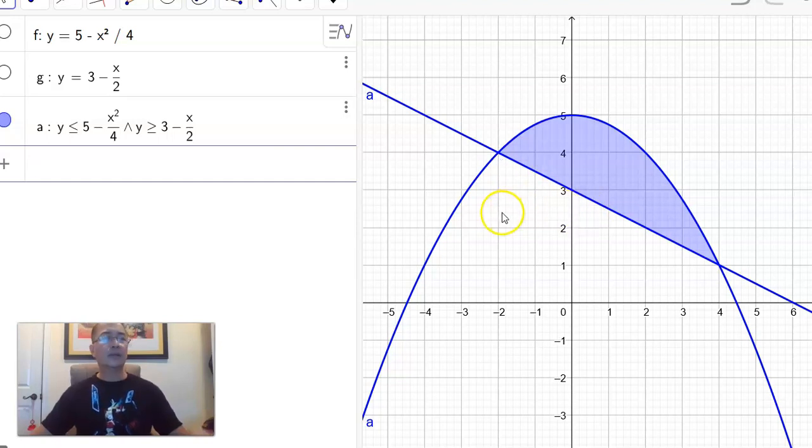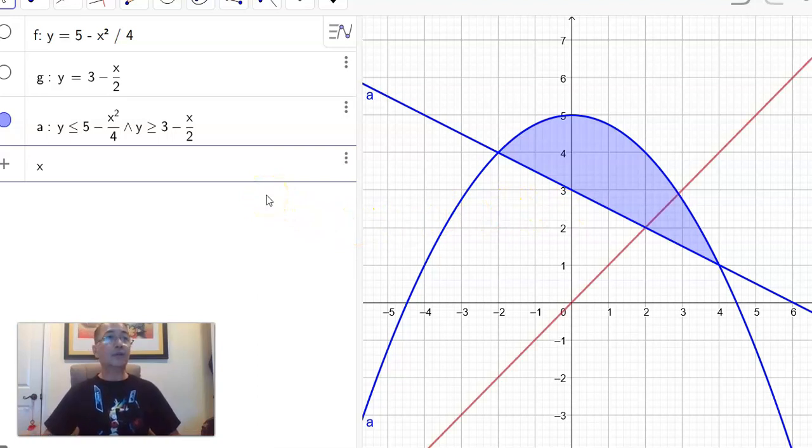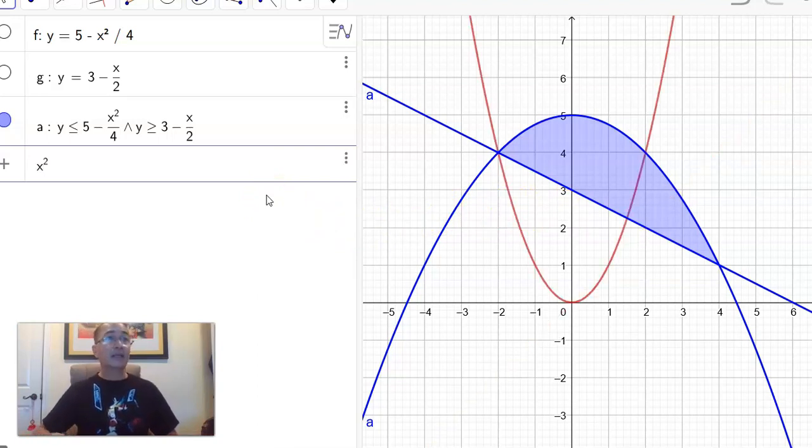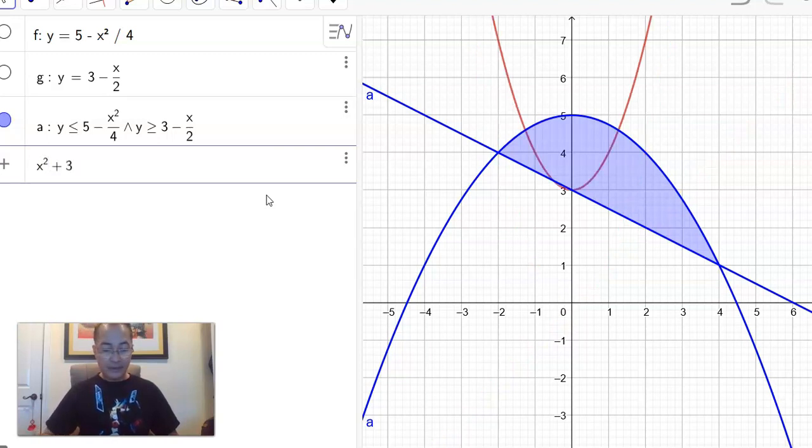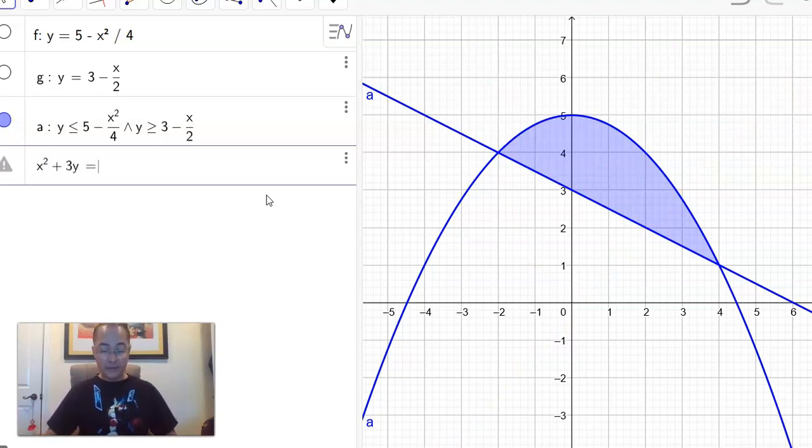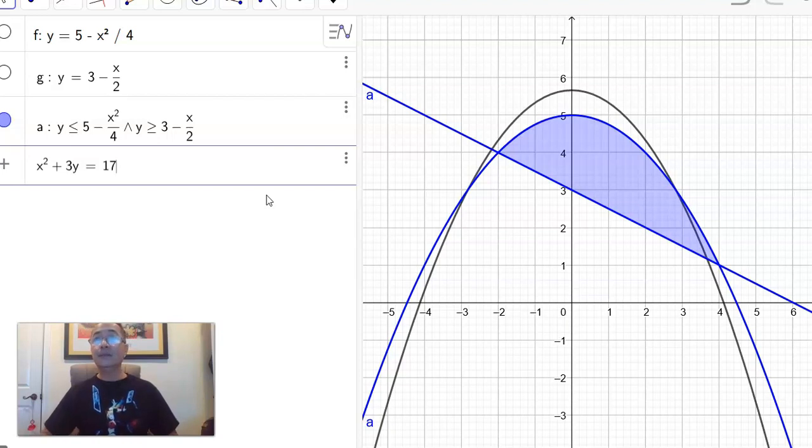Okay, so what are we going to do? We are going to draw those level curves by saying x squared plus 3y equals, let's start with 17. Okay. So, why did I say 17? 16 plus, oh, stupid.